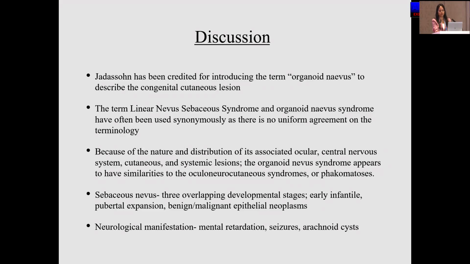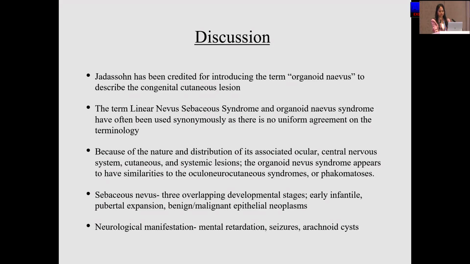Jadassohn has been credited for introducing the term organoid nevus. The terms linear nevus sebaceous syndrome and organoid nevus syndrome have often been used synonymously. Because of the nature and distribution of its associated ocular, central nervous system, cutaneous, and systemic lesions, the organoid nevus syndrome appears to have similarities to the oculoneurocutaneous syndromes or phacomatoses.